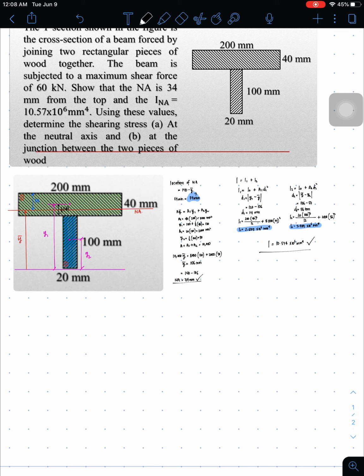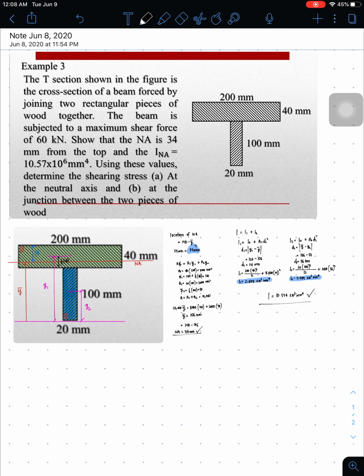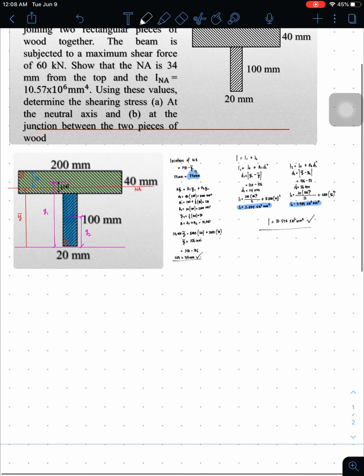Let us now continue. Compute the horizontal shearing stress at the neutral axis. So what is the shearing stress at the neutral axis? Can I erase this? I'll just make a new one.